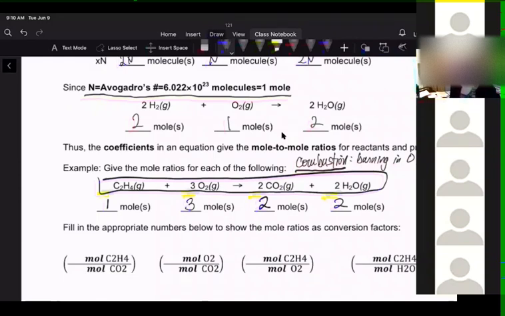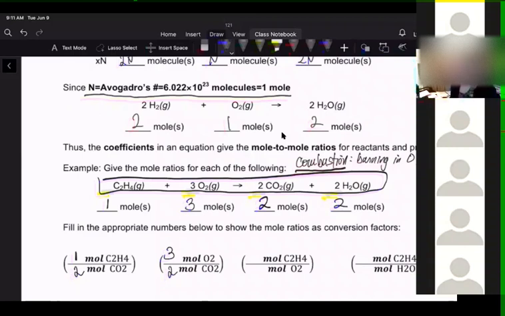So if I need to know how much carbon dioxide is produced for every fuel molecule, for every ethylene, I can just use those coefficients. I know that 1 C2H4 is going to give me 2 CO2. Now I know that at the same time that I produce those 2 CO2, I'm just using that coefficient, I'm going to need to use up 3 oxygen molecules.